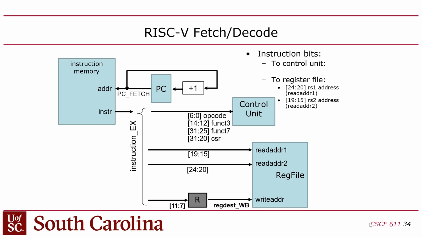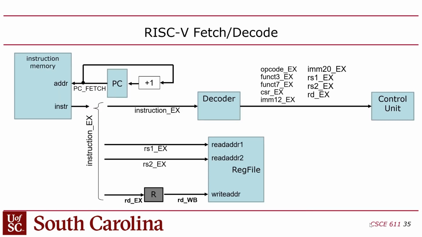Now, I mentioned that when I did this design, I just used bit slicing everywhere. Charles came up with an idea where you could create a way to rename all those signals, and it doesn't cost anything in hardware to do it. He called it the decoder. I don't like that name because decoder usually means something different in hardware.